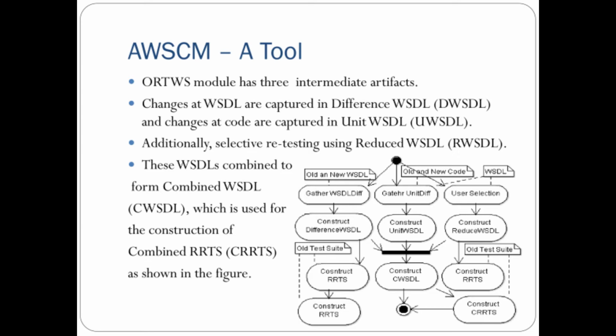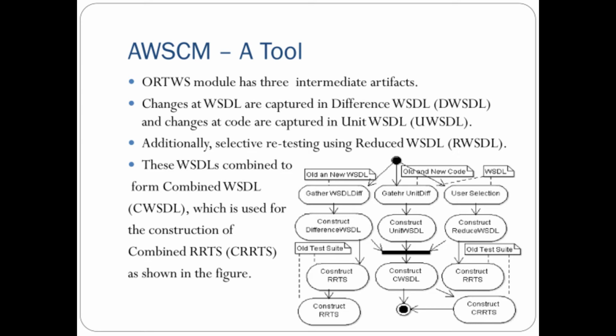So what are the three intermediate artifacts? The construction of a difference WSDL means changes in the WSDL code. The WSDL XML code changes were captured in the difference WSDL, meaning DWSDL. Then changes at the code level of the web service, meaning business logic code differences, were captured in the unit WSDL, meaning UWSDL.